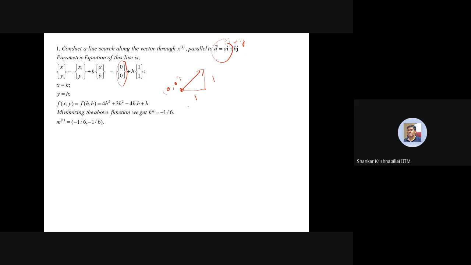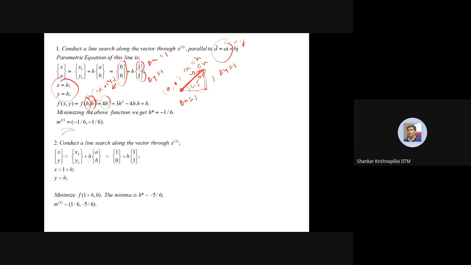This is 1 and this is 1, so delta x is equal to 1, delta y is equal to 1. And this is x naught, y naught. So the parametric equation of the search vector passing through 0, 0 and at 45 degrees is x equal to h and y equal to h.